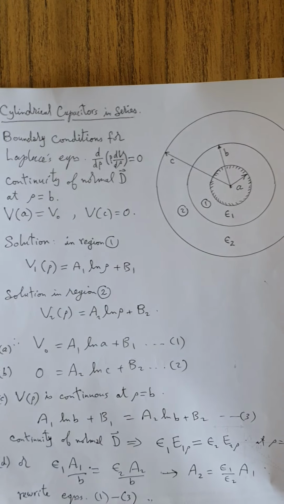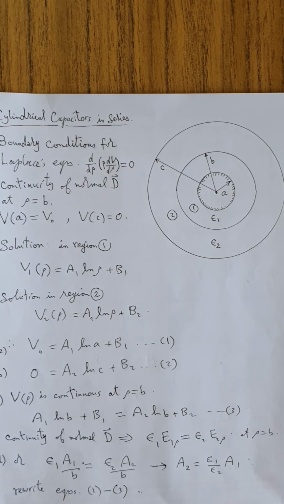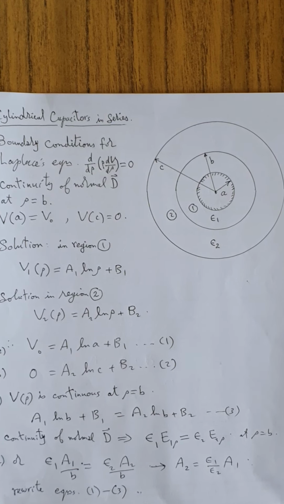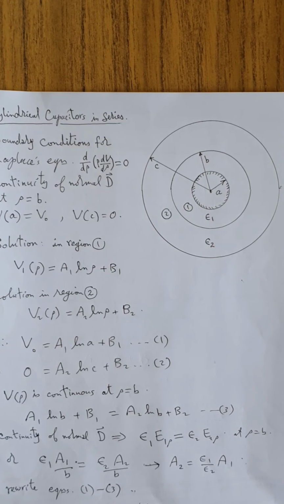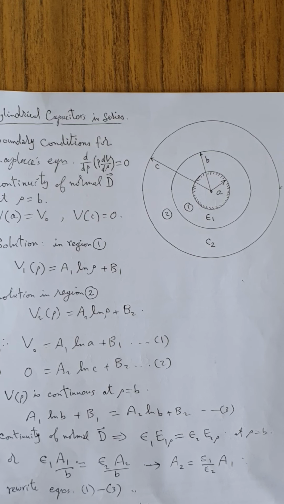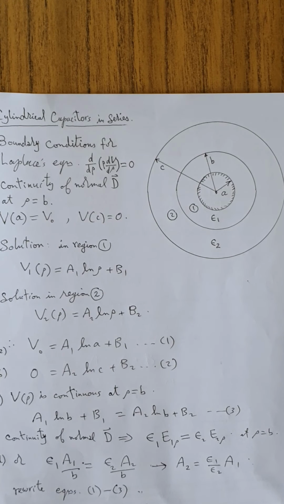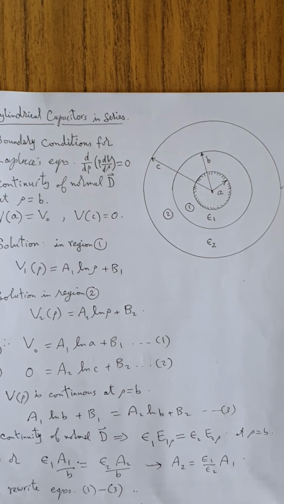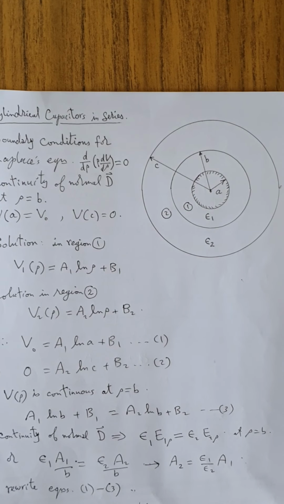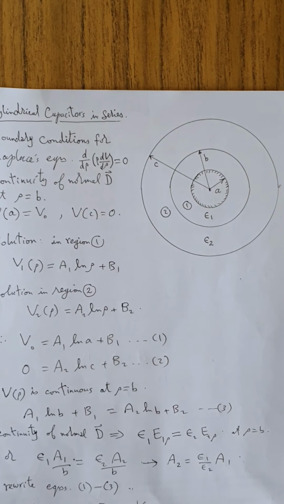Another example, on capacitors in series. We take the capacitance between two cylindrical conductors, a cylinder of radius a and a cylinder of radius c, with the space between them divided: region 1 of radius b, having epsilon 1, and region 2 having epsilon 2 between b and c.